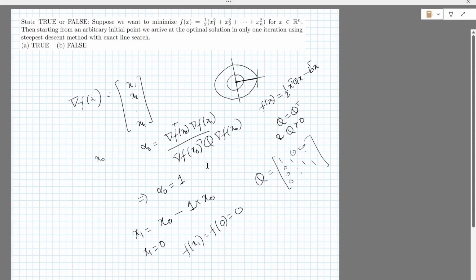If Q is non-diagonal, is there any condition by which it can happen in a single step, or would it never?